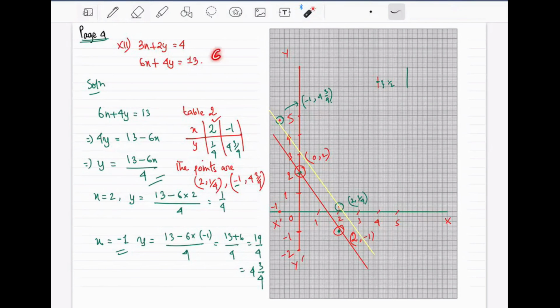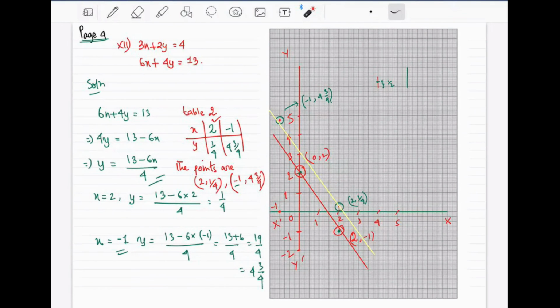What was the condition? A1 by A2 equal to B1 by B2 does not equal C1 by C2. We have learned that from the first video, right? So you can calculate here, and we will obtain the same condition. A1 by A2 will be equal to B1 by B2, but it won't be equal to C1 by C2, as evidenced by the 2 parallel lines.